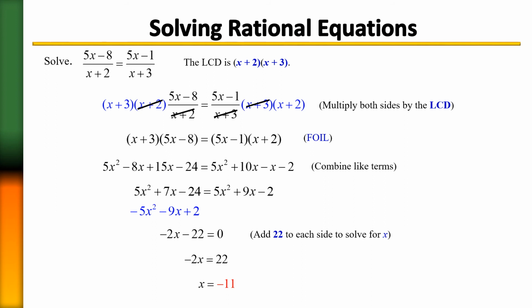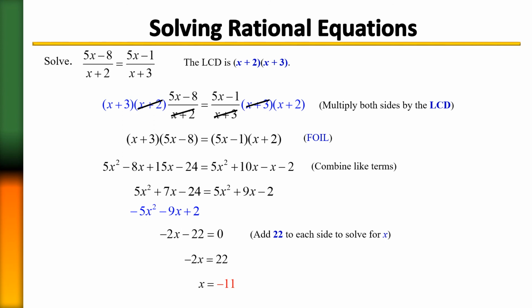But just curious if you know how to identify those values that would make it undefined. Can you tell me for the first expression, what would make the bottom of x plus 2 undefined? If you said that if x were negative 2, then you are correct. How about on the right side of the denominator?